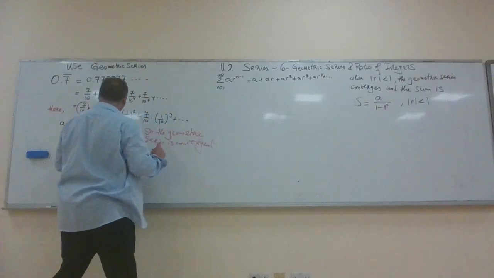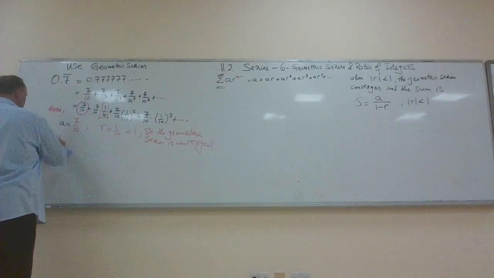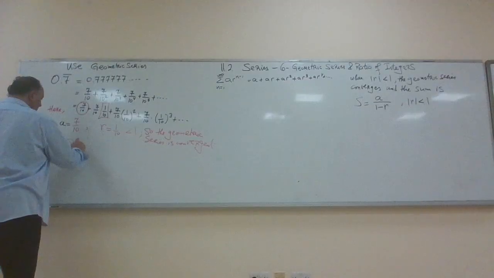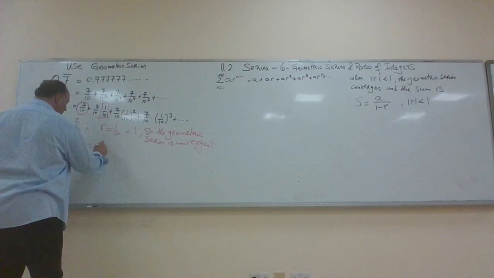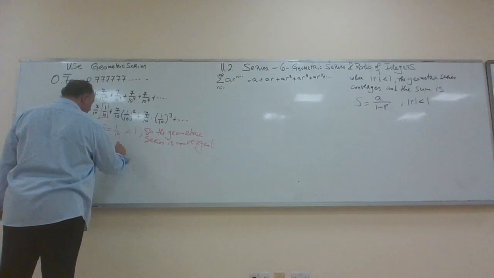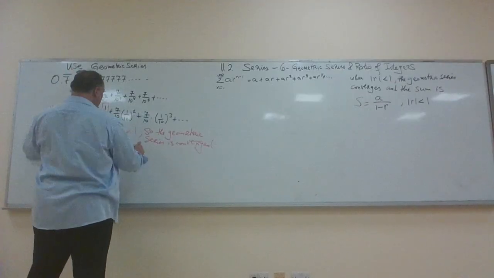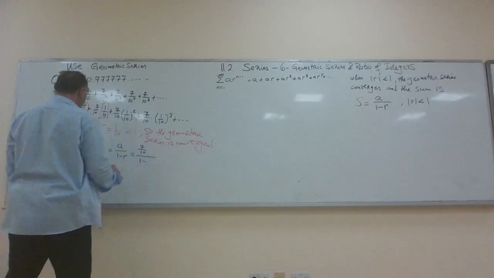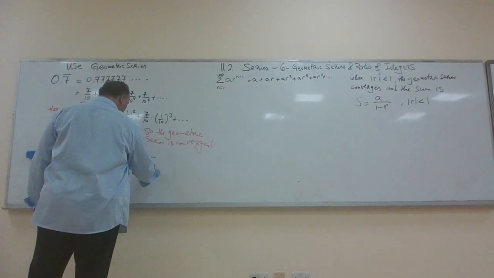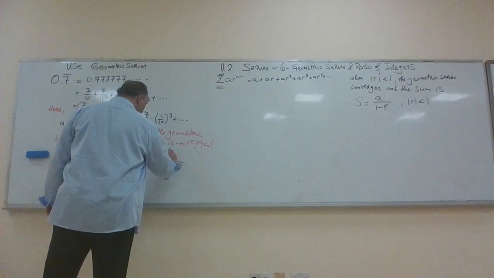So it's convergent. Fine. And we know what's the sum. So what's the sum? The formula is A divided by 1 minus R. Our A is 7 over 10 divided by 1 minus R. R is 1 over 10. So we have 7 over 10 upstairs.